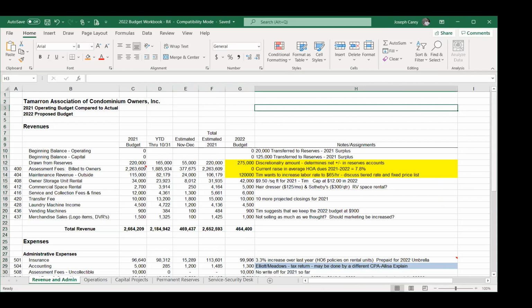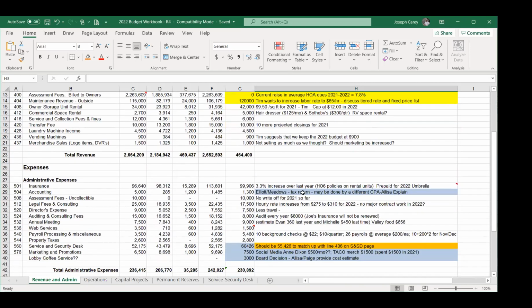There's color highlighting on some of these cells. Anything in yellow is high priority for discussion, to get it squared away, and it could be areas that we're out of line on and may want to make adjustments on in order to get this budget to come into acceptability.